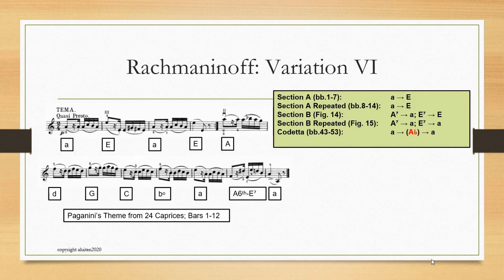Each of the sections in Rachmaninoff's Variation 6 begin and end with these harmonies. You can see there in section A, tonic to dominant movement. Section B is also centered around these key areas, and in the codetta, as we've just illustrated, there is a side step to A flat towards the end.